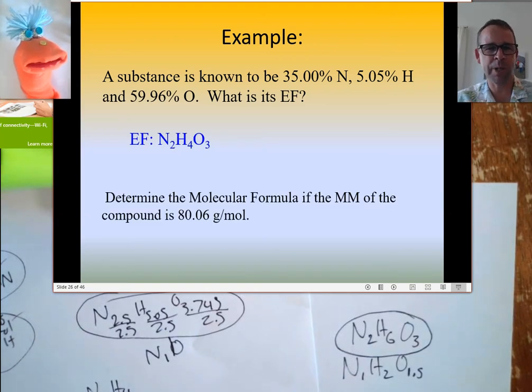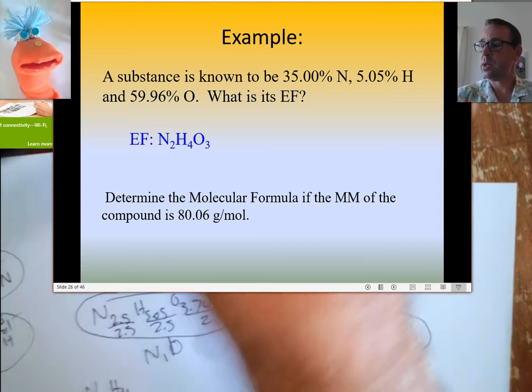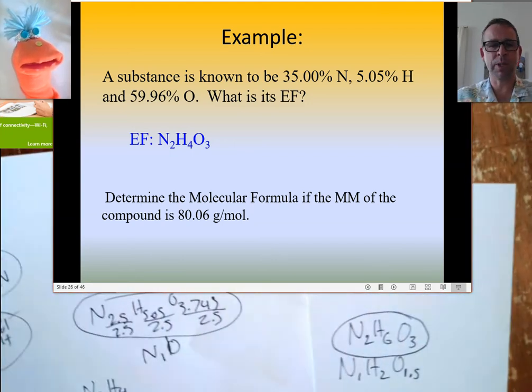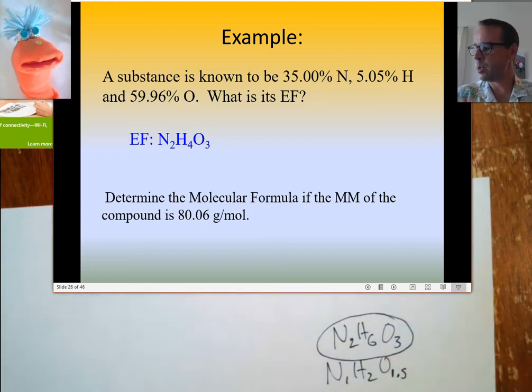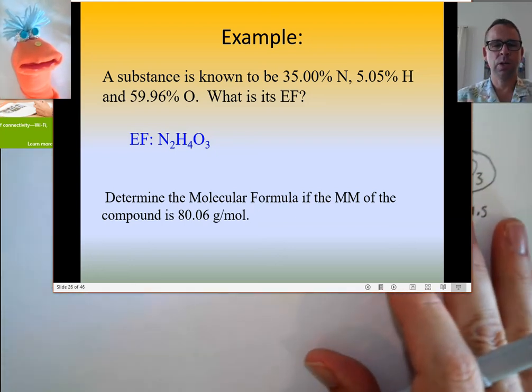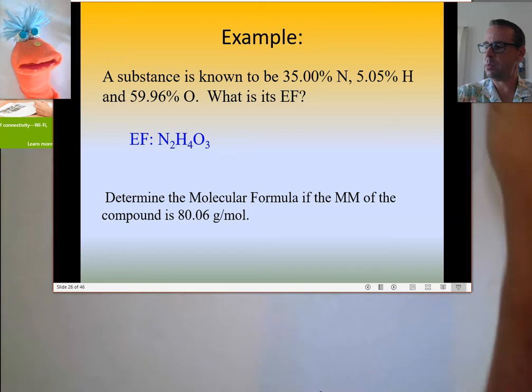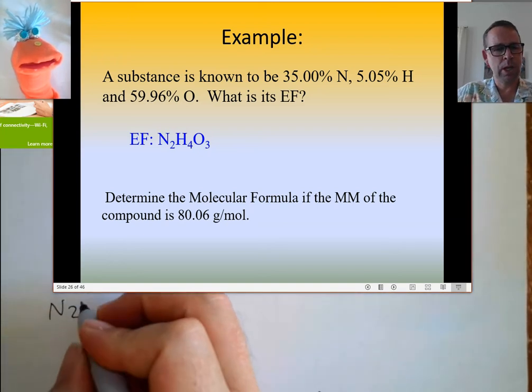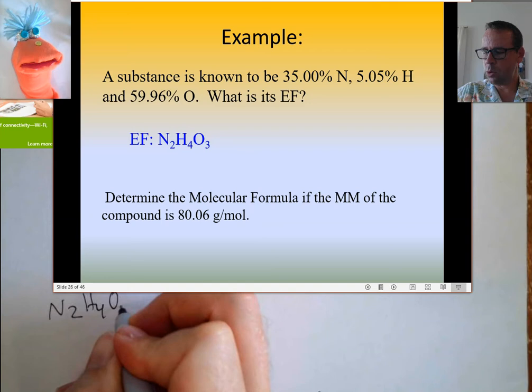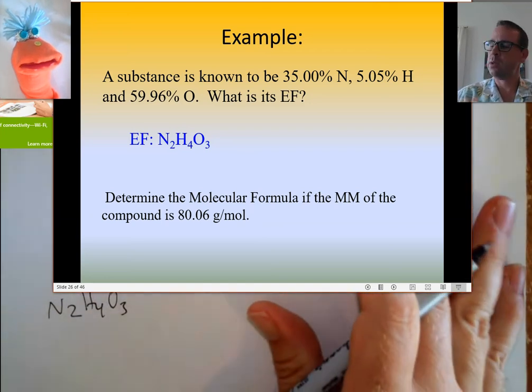Now, if I want to determine the molecular formula, I need to have information about the molecular mass. But after I have the information about the molecular mass, how do I go about getting the molecular formula? All right. So I'm going to have, again, my empirical formula, N2H4O3, right?